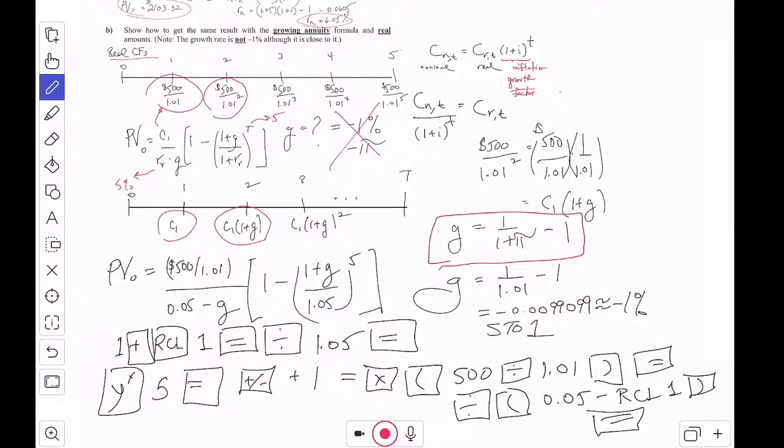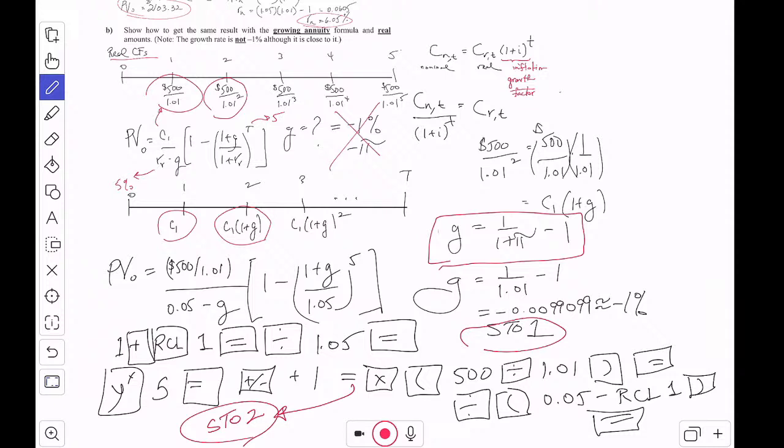So, I mean, at this point, you can just store that as this one. I stored this in 1, going to store this part in 2. So after that, I have this whole bracket, the square bracket. But then I continue, multiply, open bracket, 500 divided by 1.01.